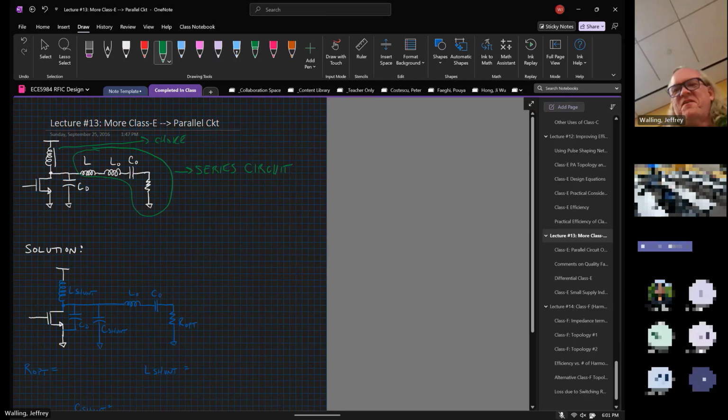I'll post it. A long time ago, we showed that not using a choke is actually beneficial for CMOS circuits. It actually does help you to reduce the peak drain voltage overshoot that you get from the Class E shaping. But nonetheless, typically that inductor would have been fairly large. And the challenge is that it's impossible to integrate a choke.